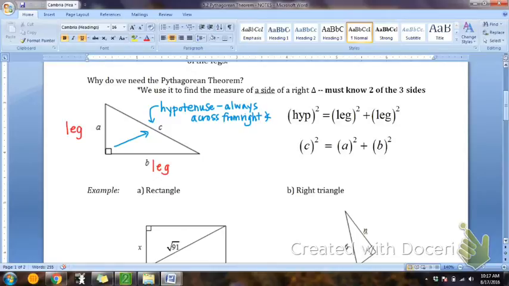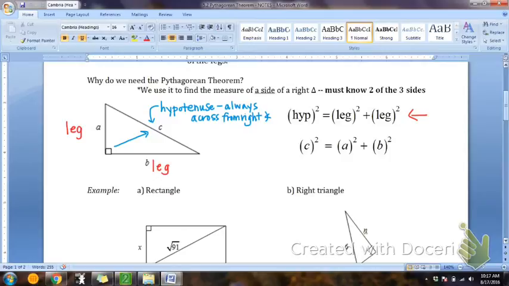So the only one that's fancy is the hypotenuse. It's always across from the right angle, okay? Now, what this formula up there said is exactly this. If you take the hypotenuse and you square it, it should equal the two legs squared and then added together. That's what this means. And we're going to do some examples so you're going to be just fine.